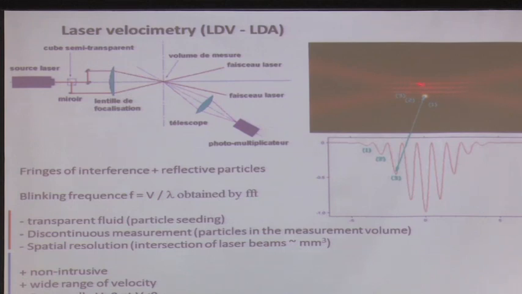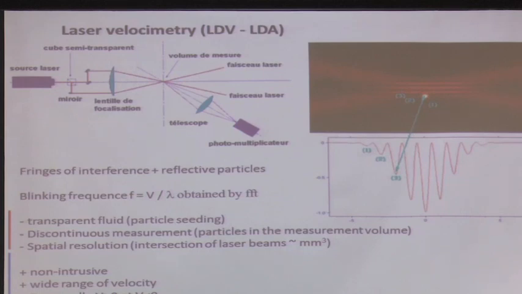Okay, so you have fringes. Some of them are bright, some of them are black. I don't know if in your undergrads you did some lectures on electromagnetics. You have interaction of waves, and these waves are going to generate high intensity and low intensity of light. Okay, so you have these fringes, and then you see the flow with some particles which are able to reflect the light.